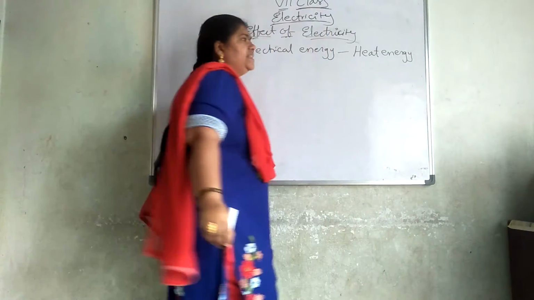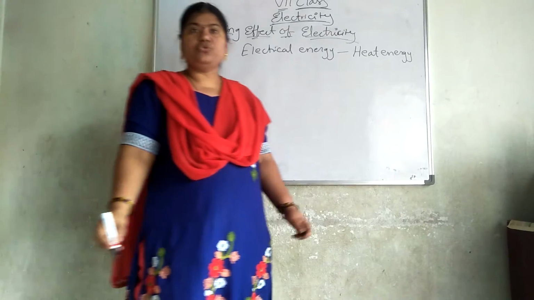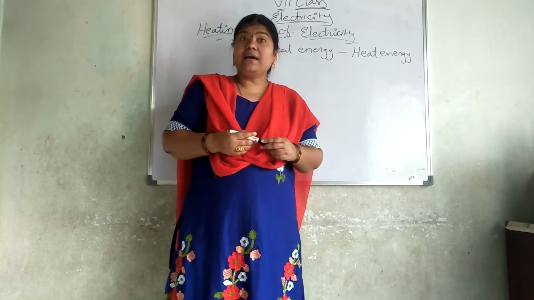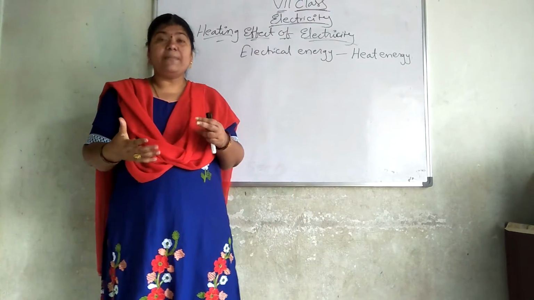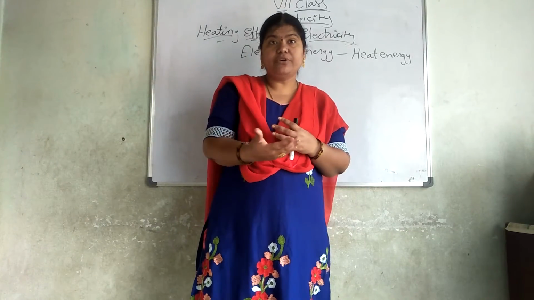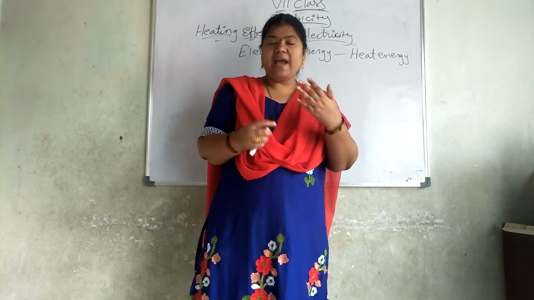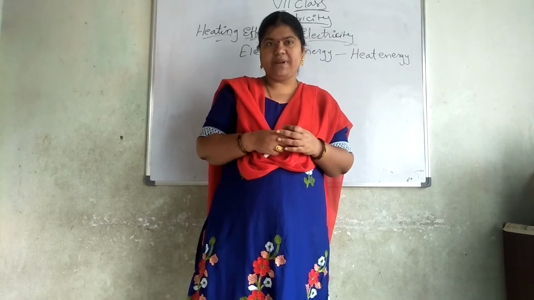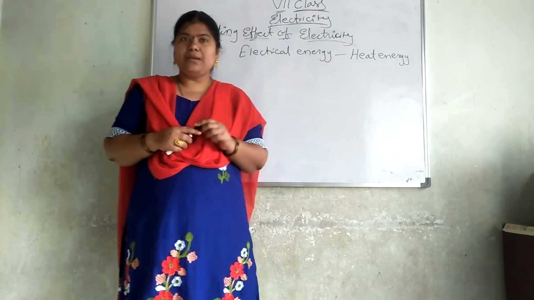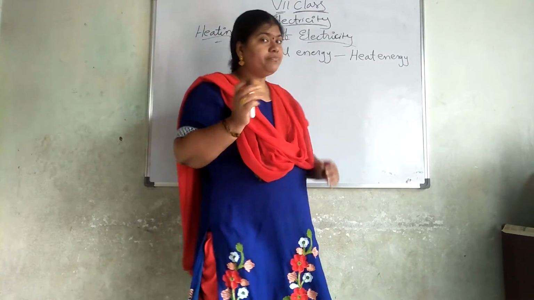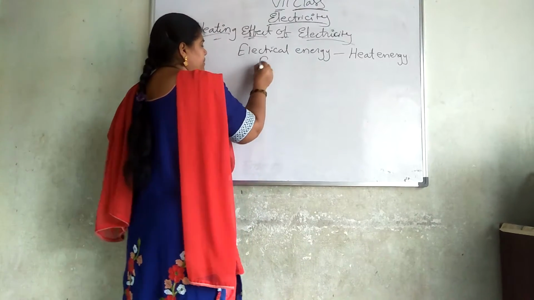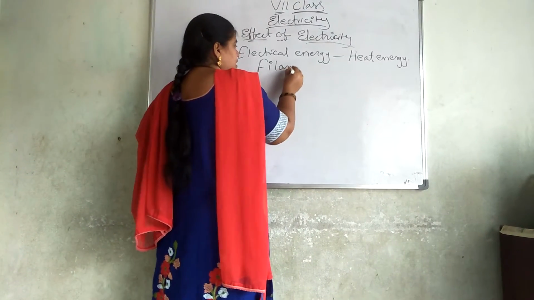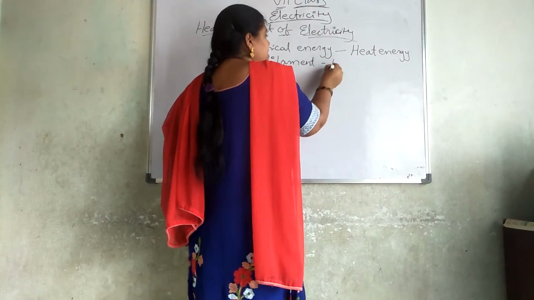How can we say that this electrical energy is converted into heat energy? What are the things making that electrical energy convert into heat energy? When we take such appliances, if you look at a bulb, what is present in the bulb? Filament. With what is the filament made?